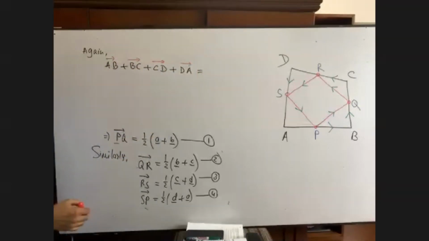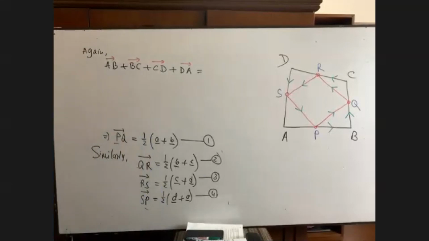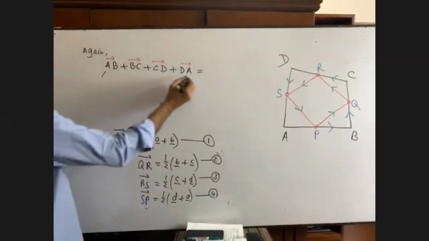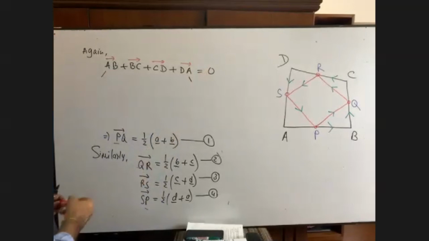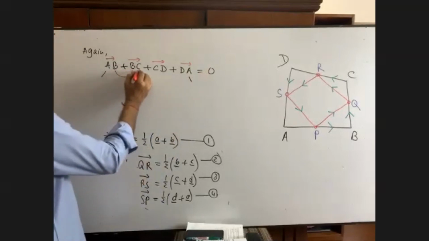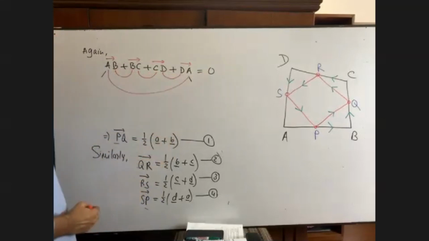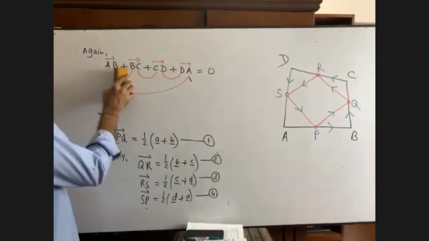Equals to what? Talk to me. You have your starting point and ending point the same, so it is 0. BB 0, CC 0, DD 0. You are left with AA, that is 0. Is it okay? Yes, sir.